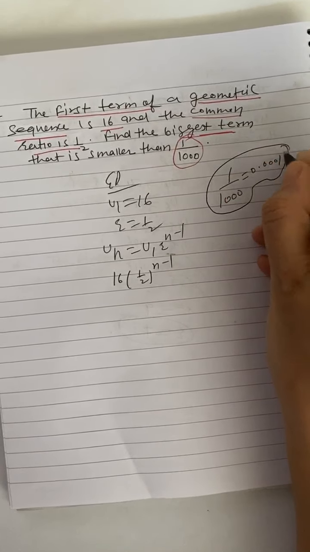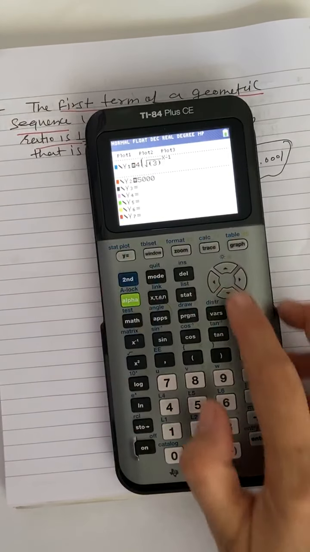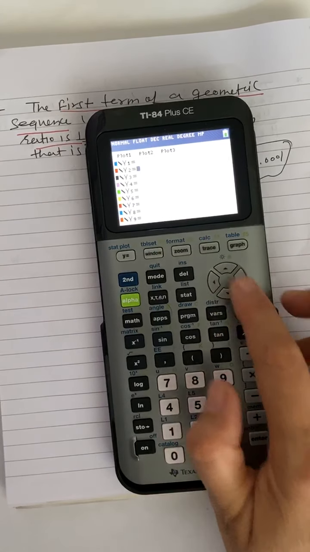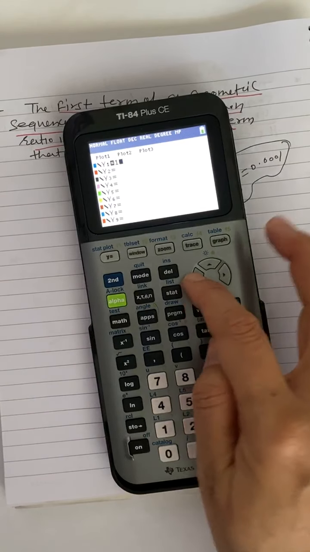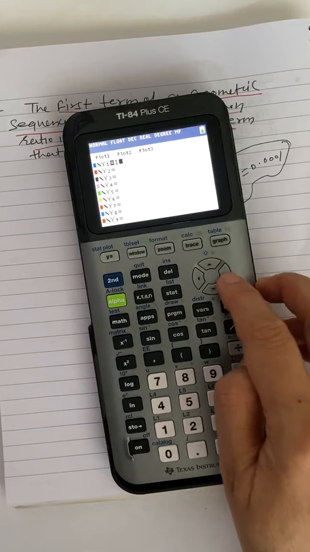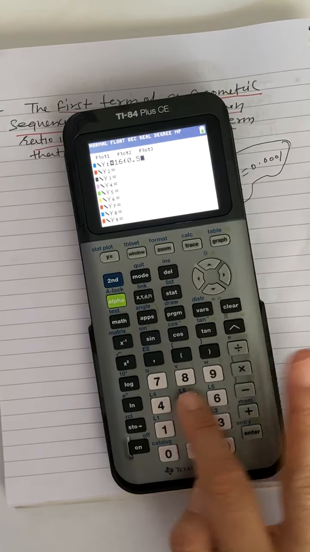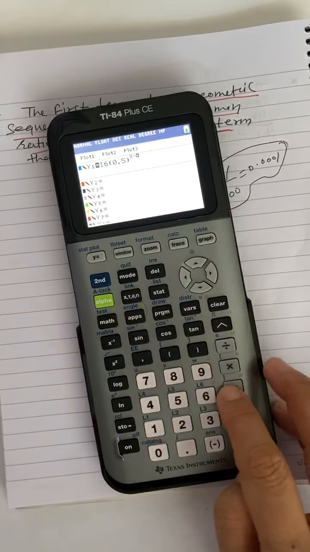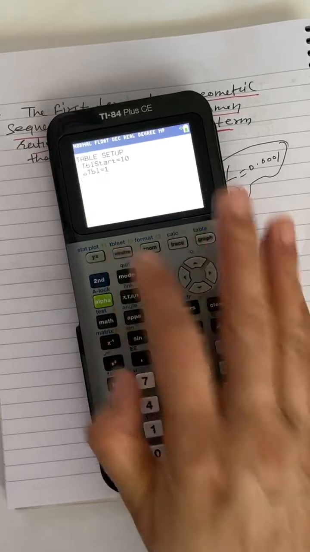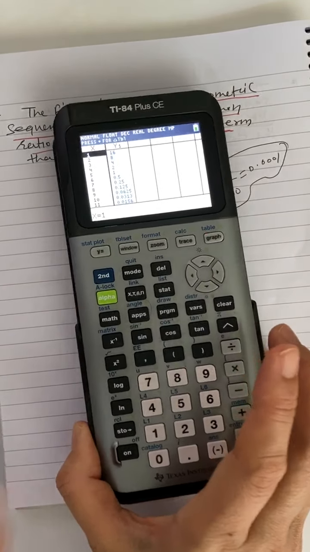So what we can do here is enter this into our calculator. I'm going to first clear. So this is 16, and then you have 1 divided by 2, which is 0.5, to the power of x minus 1. And now I'm going to set my table at 1, and now I'm going to see the values.